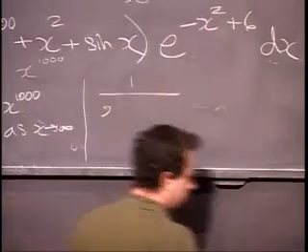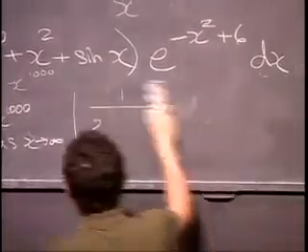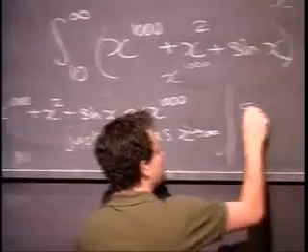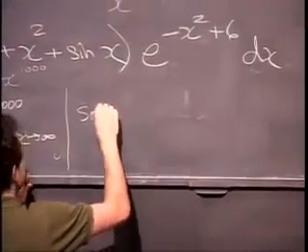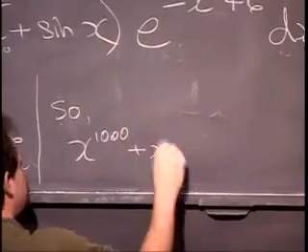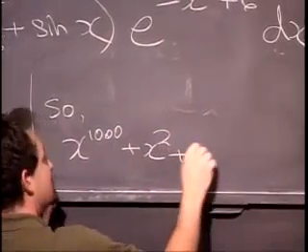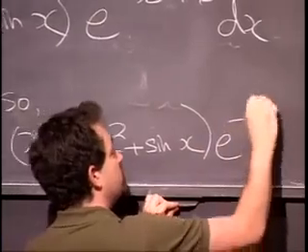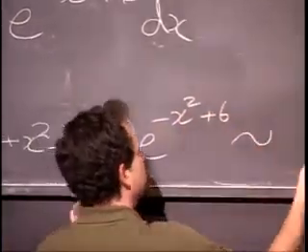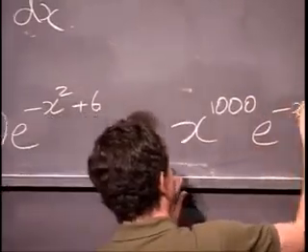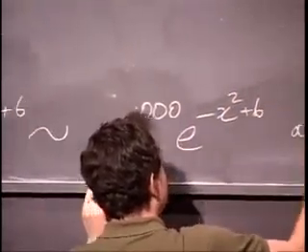Okay, so basically, I don't need the reciprocal. What I need to do is multiply both sides by e to the minus x squared plus 6. So, x to the 1,000 plus x squared plus sine x times e to the minus x squared plus 6 twiddles just x to the 1,000 e to the minus x squared plus 6 as x goes to infinity.